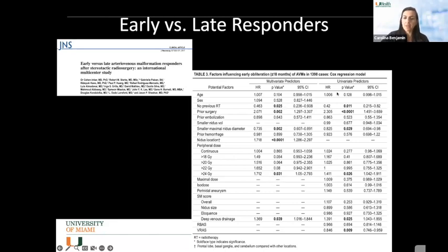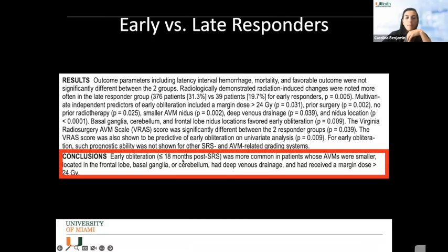So this helps us counsel our patients as to who can expect an obliteration in less than 18 months. And we'll talk about whether it has an impact on adverse reactions, and I actually do think it does. But early obliteration was common in patients whose AVMs are smaller, frontal lobe, basal ganglia, or cerebellum, patients who had deep venous drainage and received a margin dose greater than 24 grays. So those are ways to risk stratify our patients.